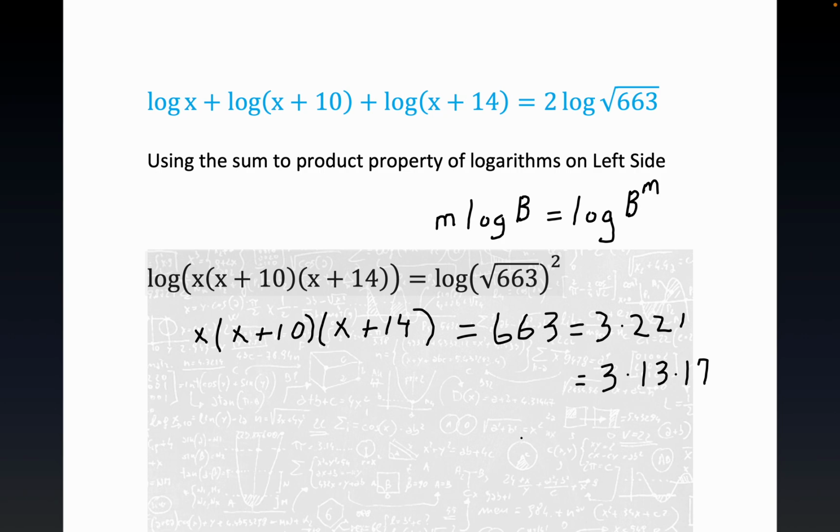Now notice, this just cries out for the solution, right? If x is 3, well then 3 plus 10 is the 13 that you see right here, and then 3 plus 14 is the 17 you see right here. So we see clearly that x has to equal 3 just from the prime factorization.